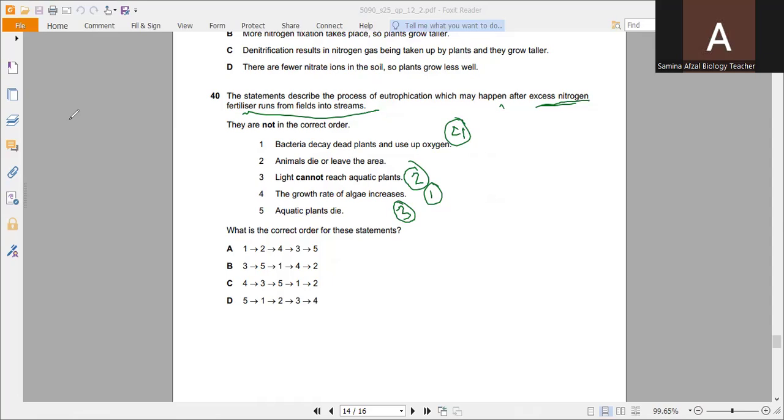And then the animals die or leave the area. So according to this, first of all, there will be 4 and then 3, and then 5, then 1, and then 2. So C is the correct option.